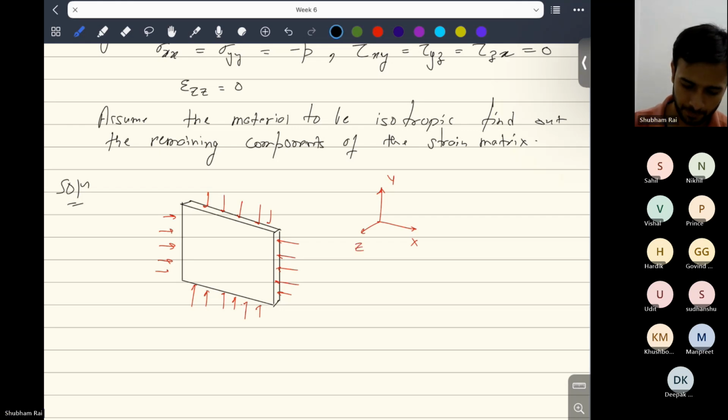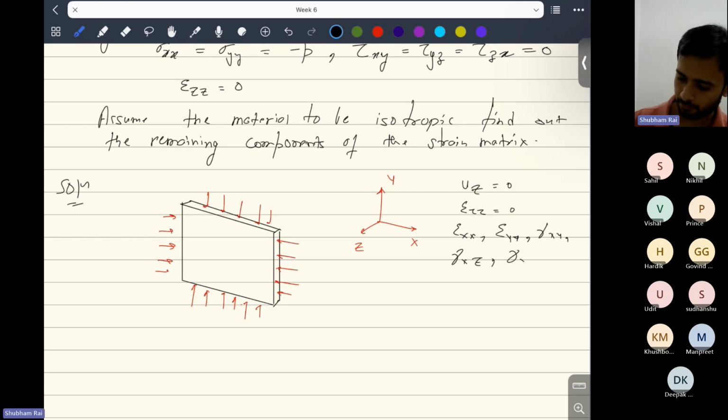So it's been given to you that uz will be equal to 0, and that's why epsilon zz will also be equal to 0. So you have to find epsilon xx, epsilon yy, gamma xy, and gamma xz, and gamma yz.